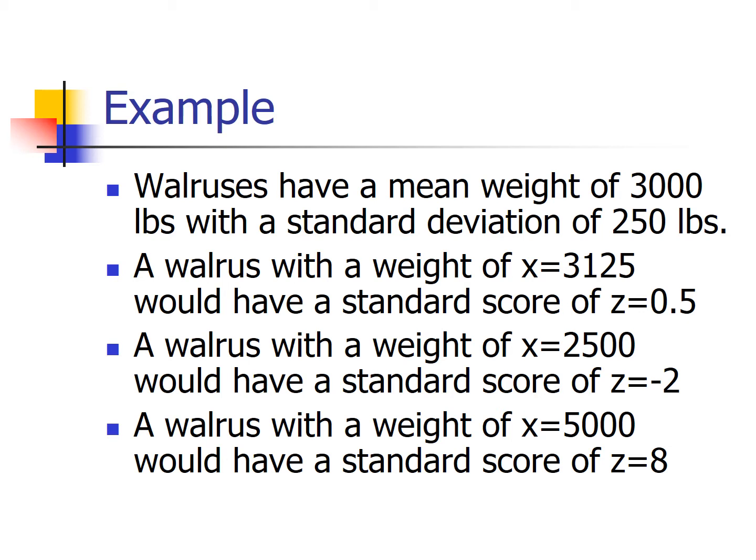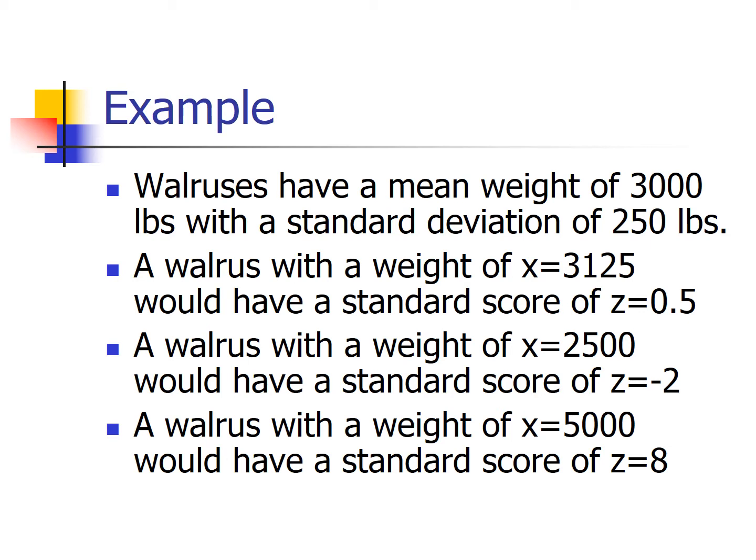You could pause the PowerPoint, do the calculations on a piece of paper or a calculator. You should get a z of 0.5. What is that z of 0.5 saying? It's saying that that particular walrus's weight is half a standard deviation above the mean. We could probably see that for ourselves.